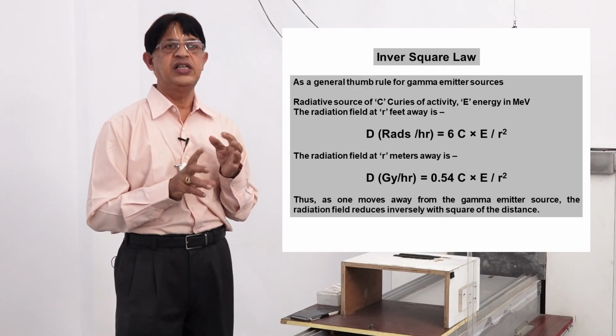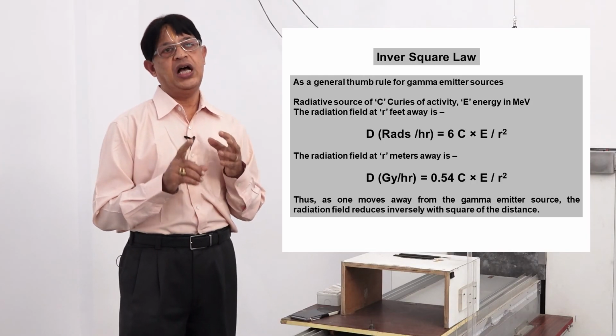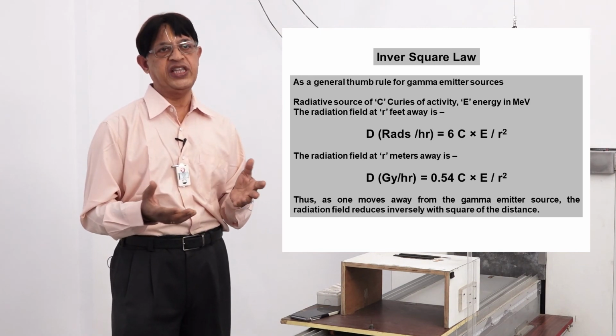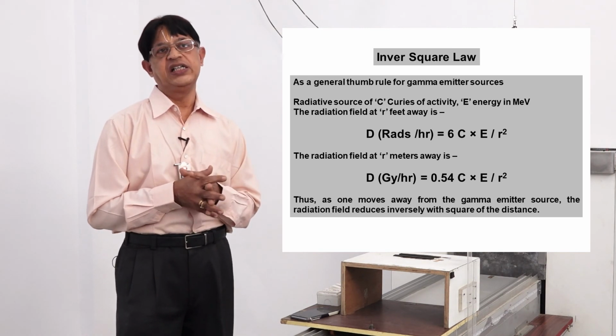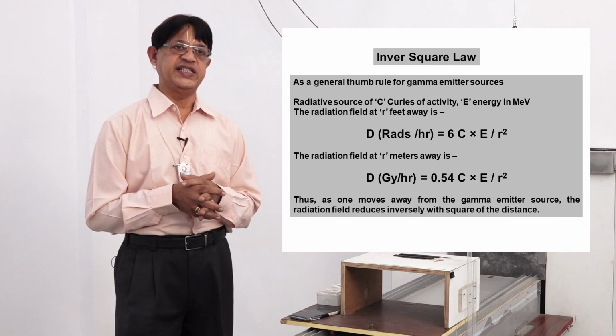Likewise, when we are choosing a radiation source, as the energy of emission of the gamma ray photon is higher, the radiation field is going to be higher. So the directly proportional concepts are the activity of the source, higher the activity, more will be the radiation field, and the energy of the source, higher the energy of the source, more will be the radiation field felt at a definite distance.